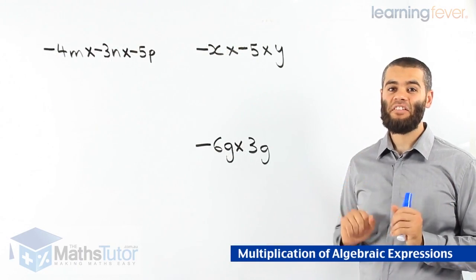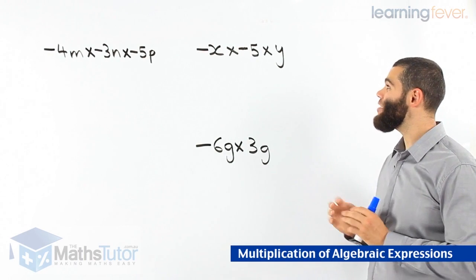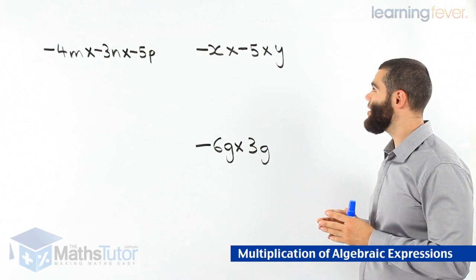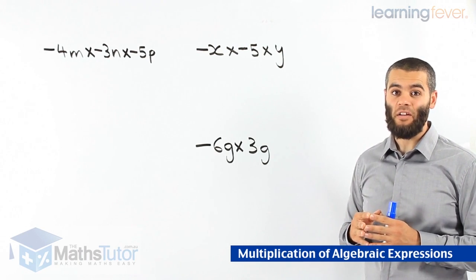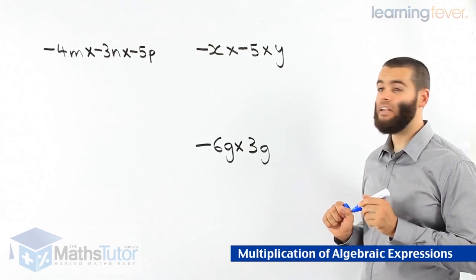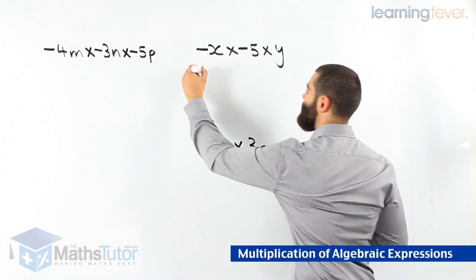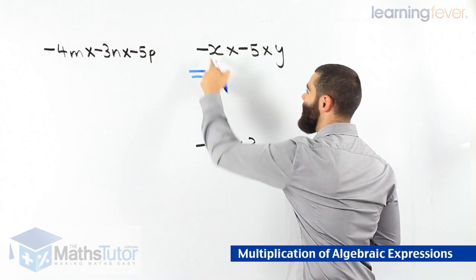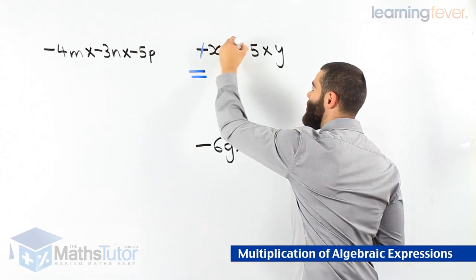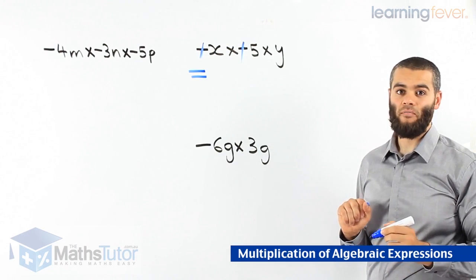Okay guys, last three examples. We have negative x times negative 5 times y. Well, same rules apply. We know that negative x times negative 5, when we have two negatives, we cancel them out. They are gone.